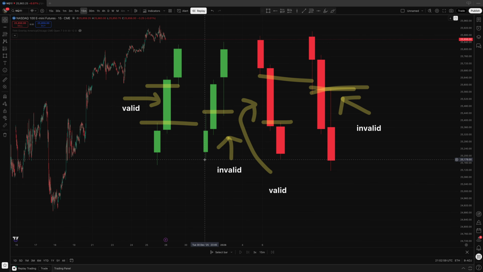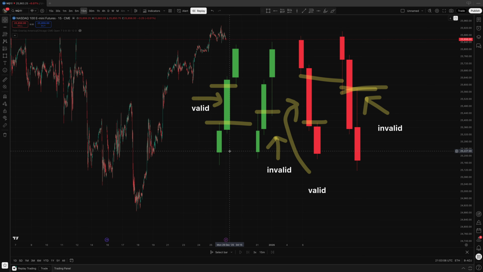Okay, Harry, I hope you're watching this video too, so you better take down notes. And look, valid, invalid, invalid. This whole example is a bullish example, and this example is a bearish example.